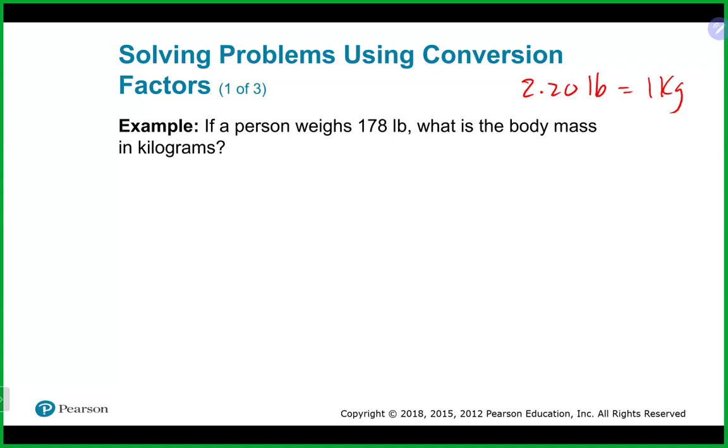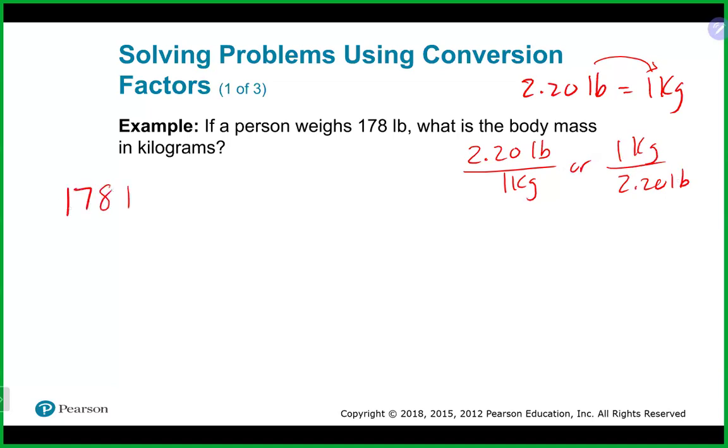All right, so let's take a look at this. We want our pathway to go from pounds to kilograms. Clearly, this is going to get us there in one move. We could write our two conversion factors: 2.20 pounds over a kilogram, or 1 kilogram over 2.20 pounds. We're going to start with the number that was given to us, 178 pounds.